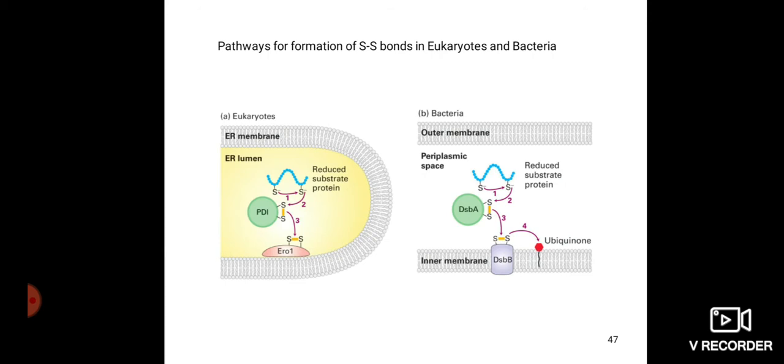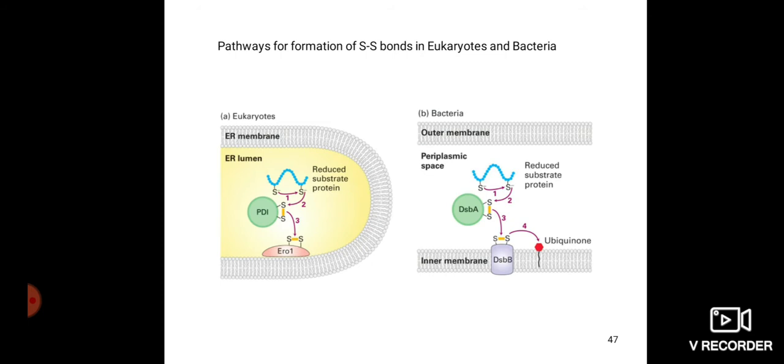So this particular pathway of formation of disulfide linkage in case of eukaryotes happens within the endoplasmic reticulum. You can see it is also facilitated by a protein called Ero1, which actually helps in the formation of the sulfhydryl groups within the PDI, which can further form the proper disulfide bond.